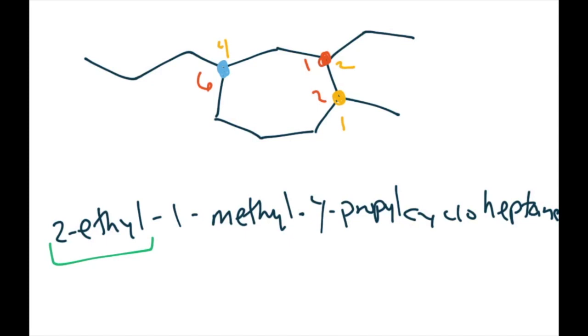So now you look to give the lowest possible number to the substituent after that. Yeah, so wherever you start is going to be 1, and in this case you're going to have 2, and then you go to the next one. So wherever we start is kind of our first substituent.